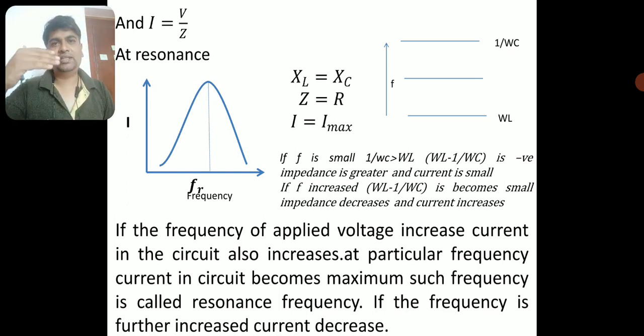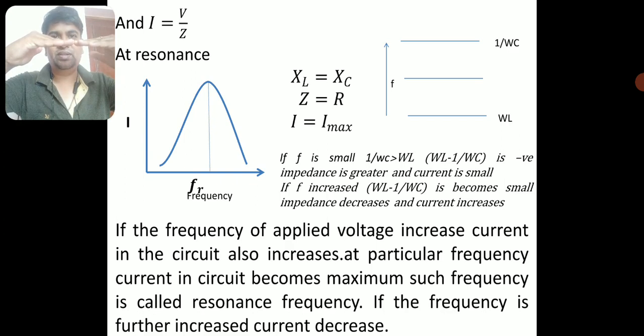Now, sharpness of a curve is the rate of decrease of peak current at the resonance on either side of the peak value. Sharpness of the curve is defined as the rate of decrease of current on either side of the resonance.